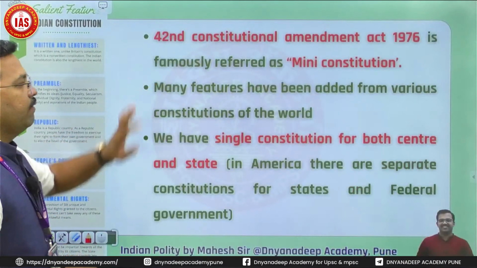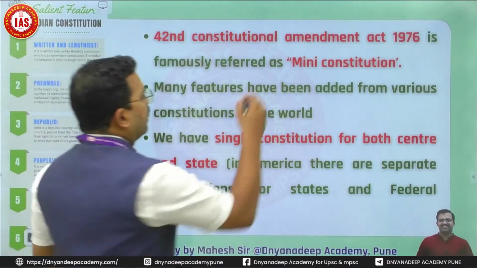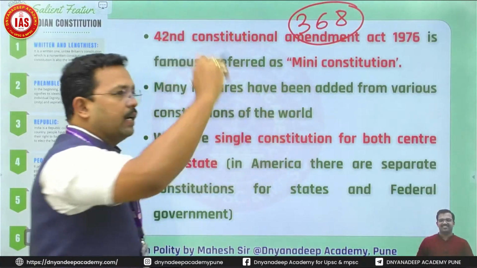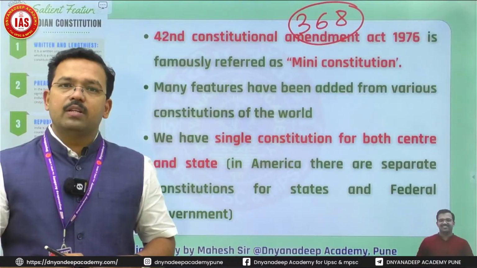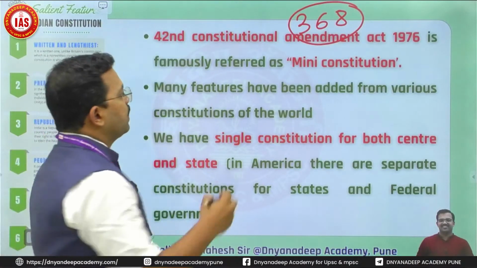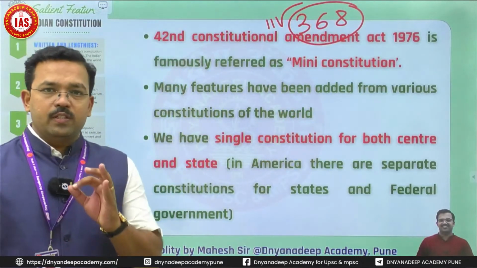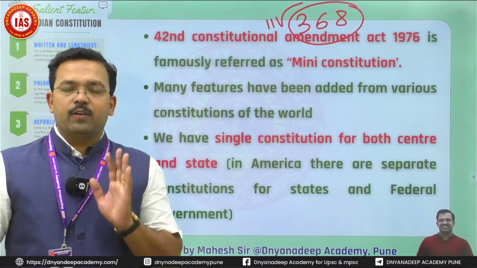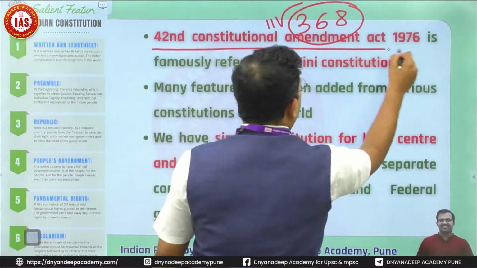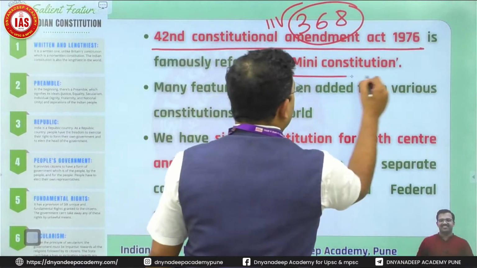Now, can we amend the Constitution? Yes, we can amend the Constitution by Article 368. Never forget this particular article. Constitution can be amended in three ways. We are going to study those three ways under Article 368. So, which is the most important amendment act that was made into the Indian Constitution? It was the 42nd Amendment Act of 1976, which is famously known as a mini constitution.